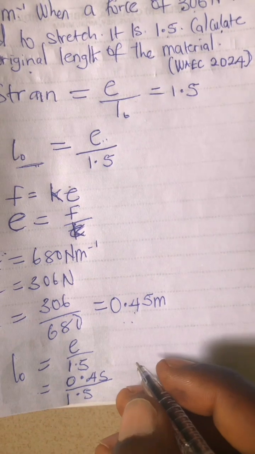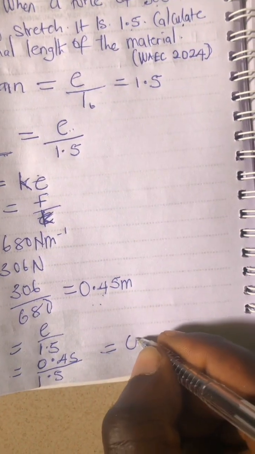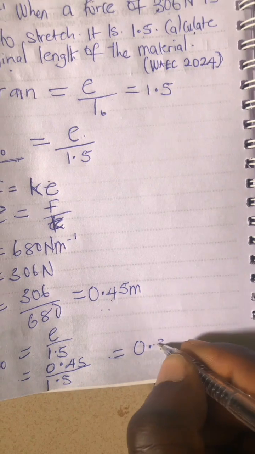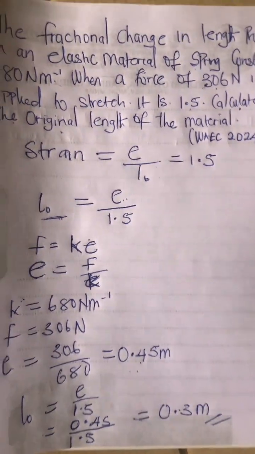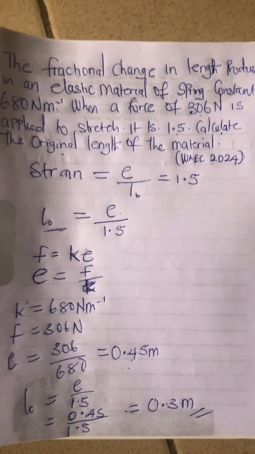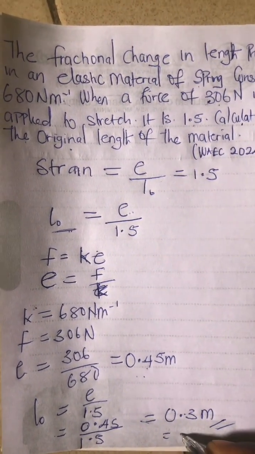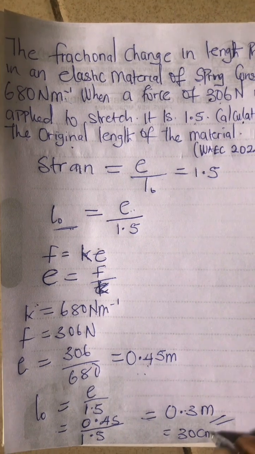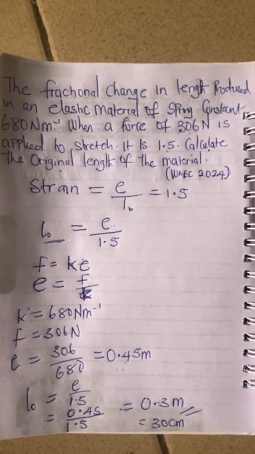If you divide this, we are going to have 0.3 meters. So 0.3 meters becomes the original length of the material. If you want to convert this to centimeters, we'll have 30 centimeters. So 30 centimeters or 0.3 meters is the original length of that material.